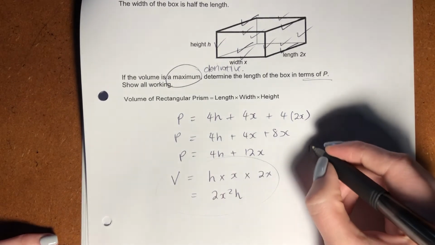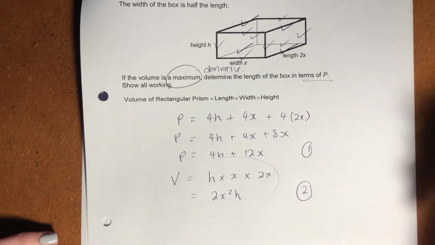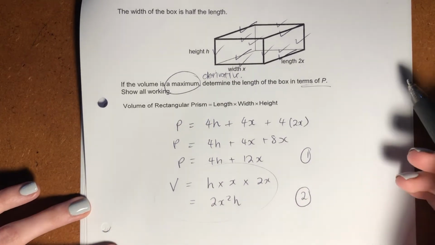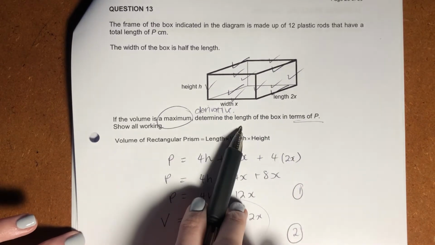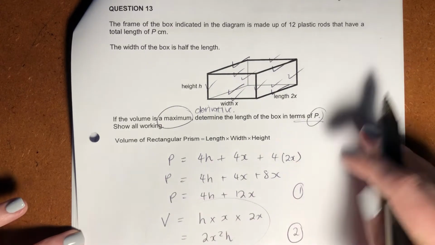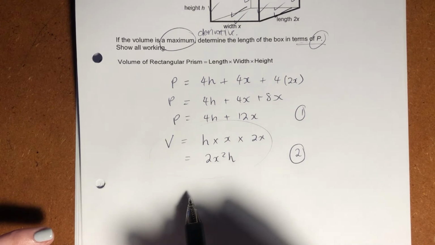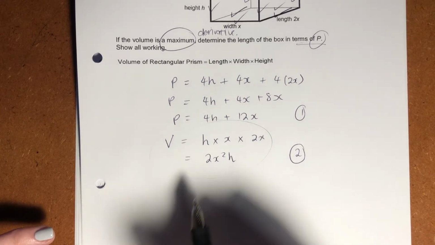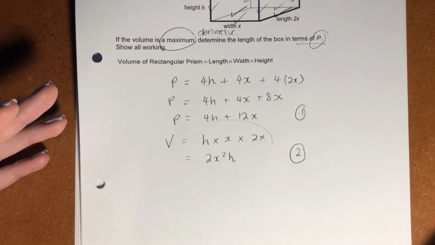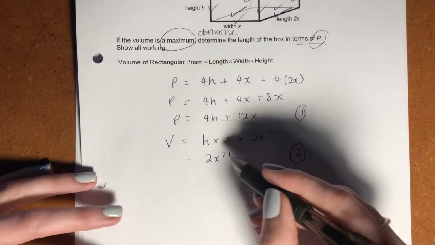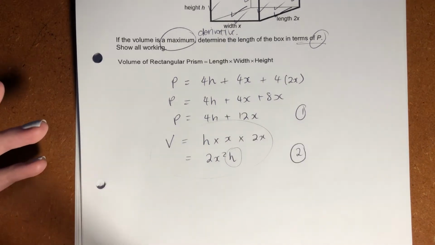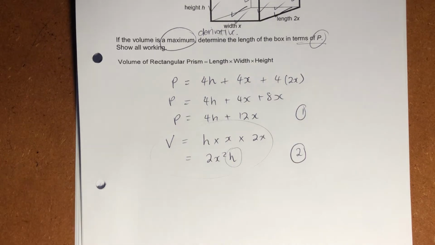We know that what it's asked us to get is the length of the box in terms of p. So we can't do this and find the length, right? If we have it in terms of h, there's no p in there at all, so we're not even answering our question. So let's try and get rid of that h, because it hasn't asked us to give it in terms of h, it says in terms of p.